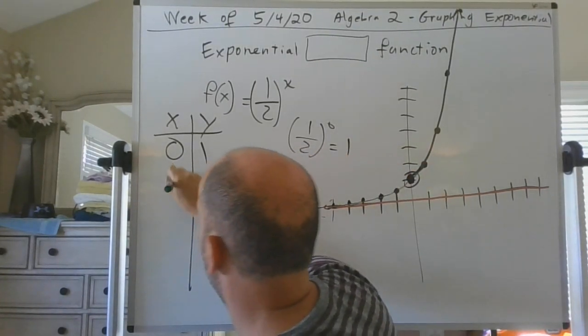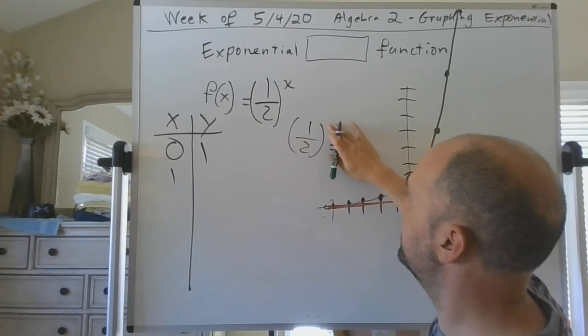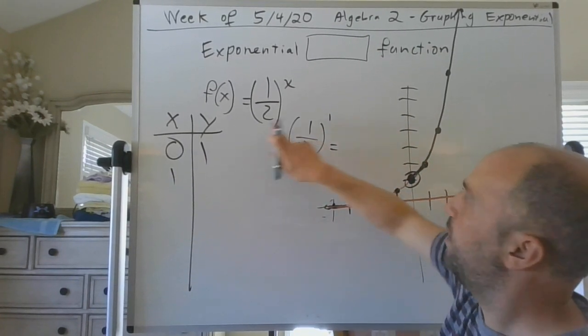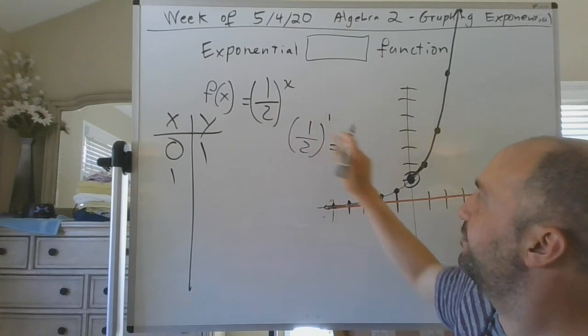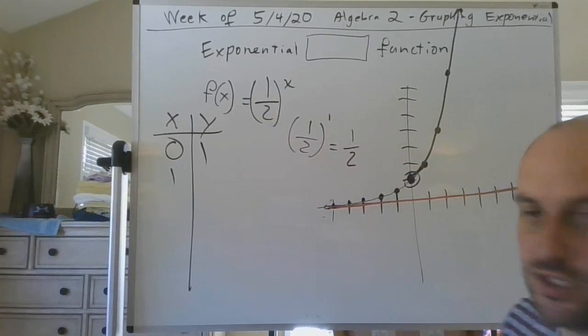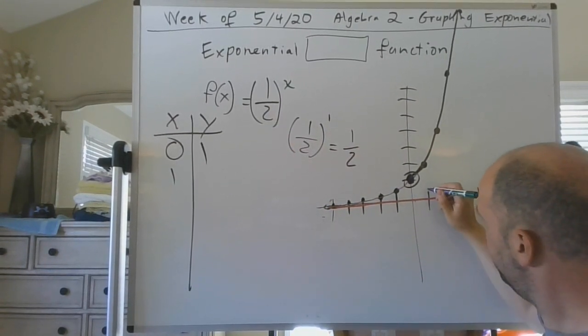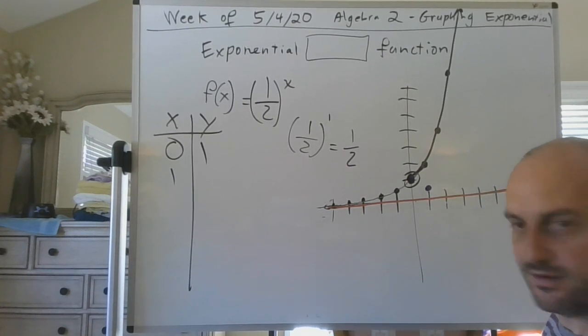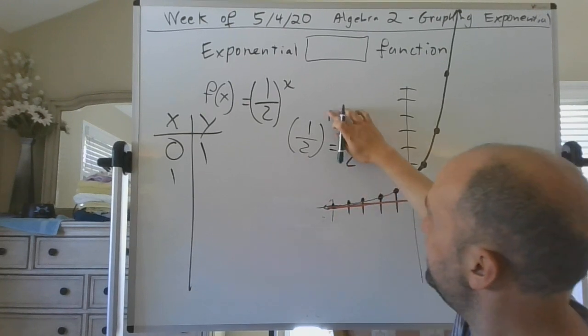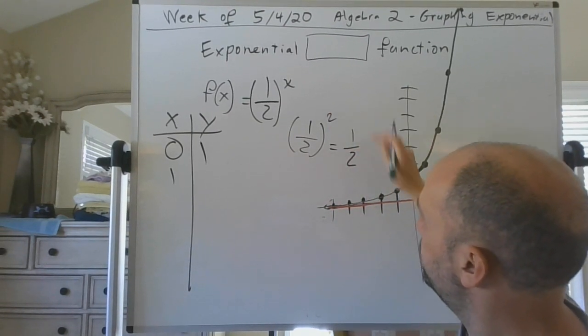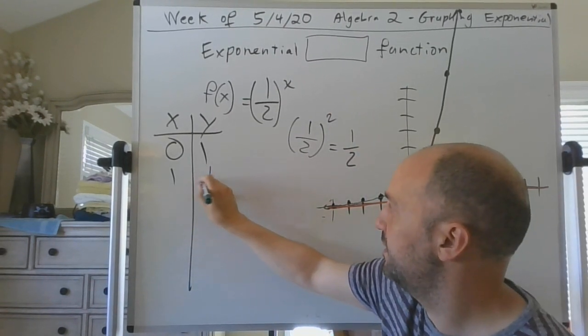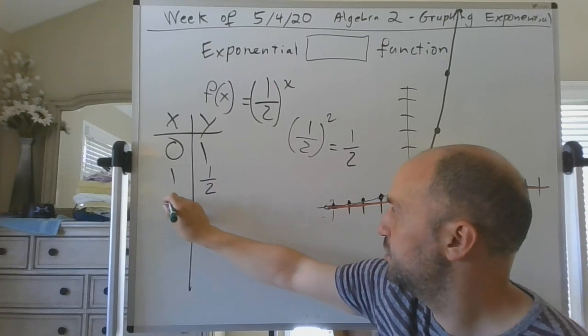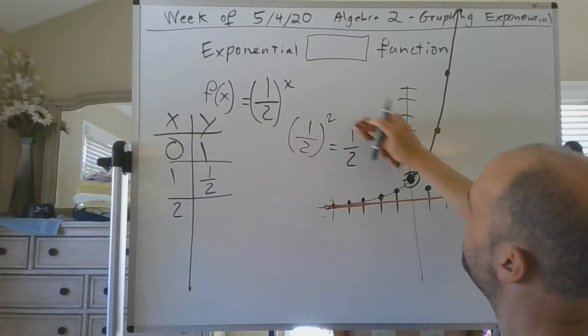Now let's do 1. Here's where it gets nice. If I do 1 over 2 to the power of 1, that's going to give me half. So at 1, we have half. Starting to look kind of interesting here. Let's try now 2.